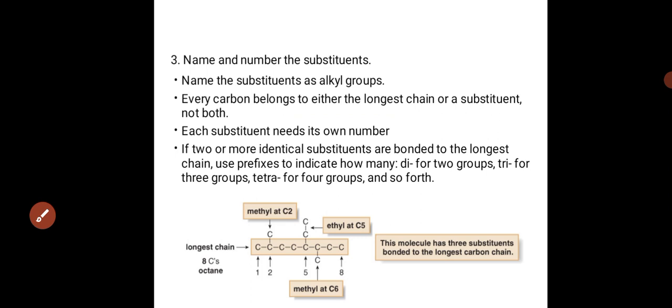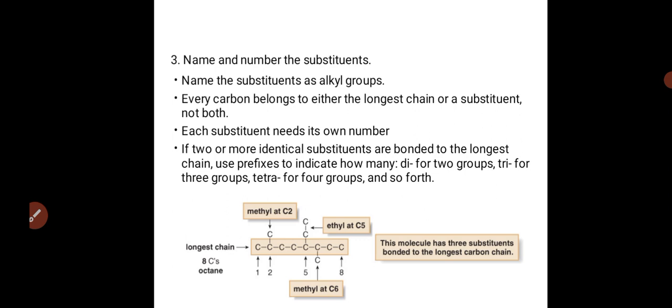Then the next thing is name and number the substituents. You name them and you number them. Name the substituents as alkyl groups, and each carbon belongs to either the longest chain or a substituent, not both. So each substituent needs its own number.